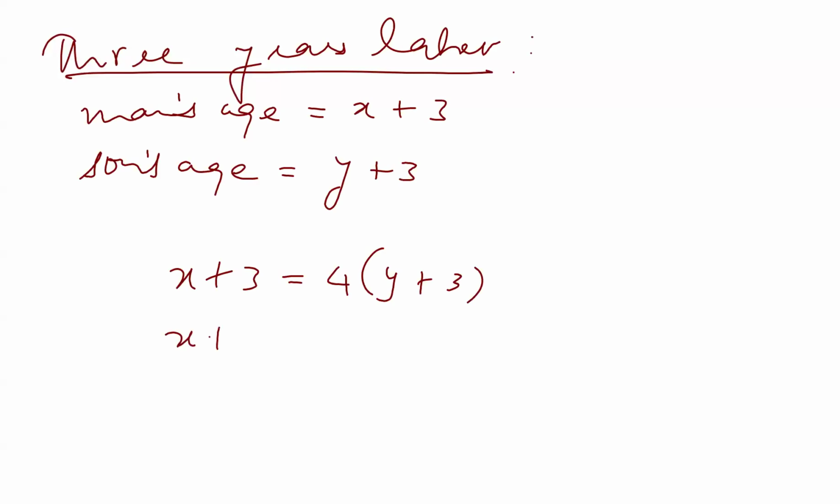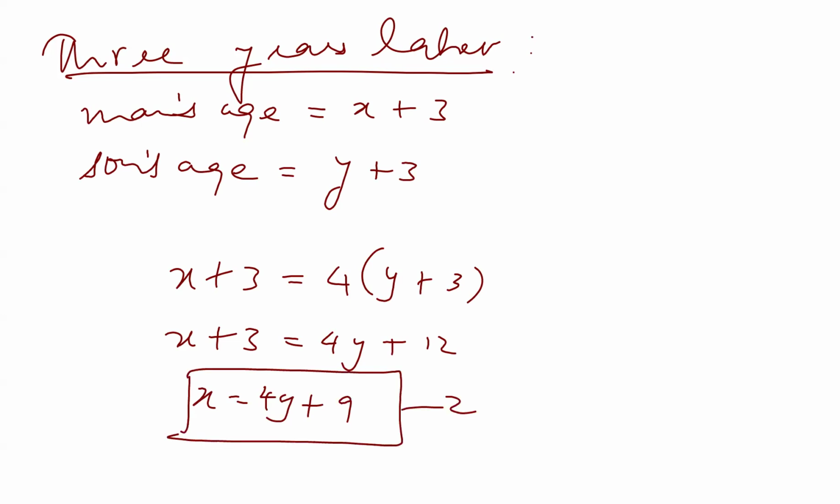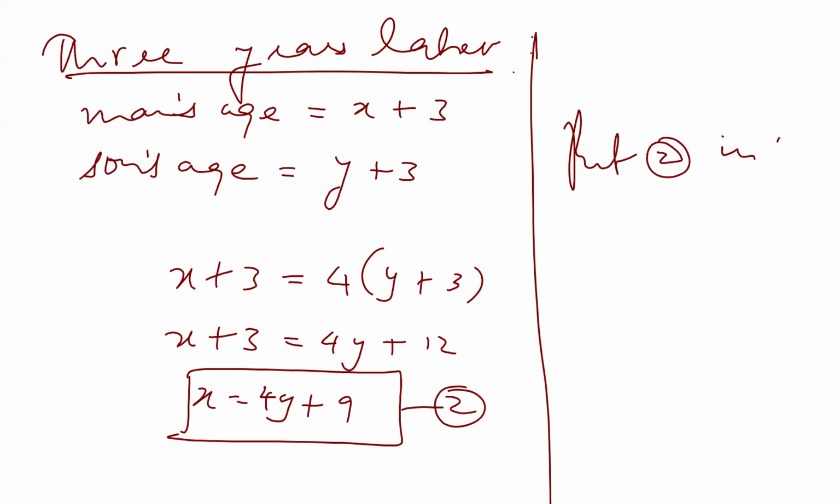So just simplify this. x plus 3 is 4y plus 12, so x is equal to 4y plus 9. Equation number 2. Now put 2 in equation number 1. So wherever there is x, just put 4y plus 9.